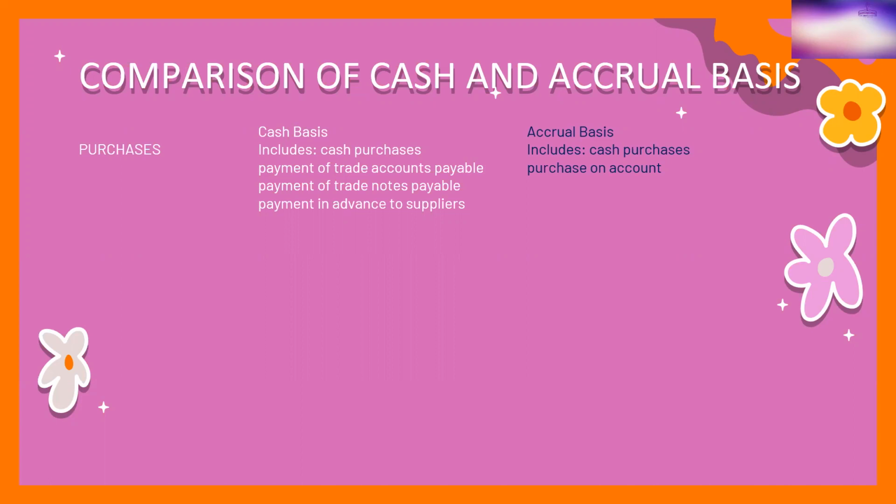So imagine, class, under cash basis, all of these transactions are included in looking into the purchases. Imagine pati yung advances to suppliers are also included under the cash basis. Now, when we look into the accrual basis, it only includes cash purchases and purchases on account.